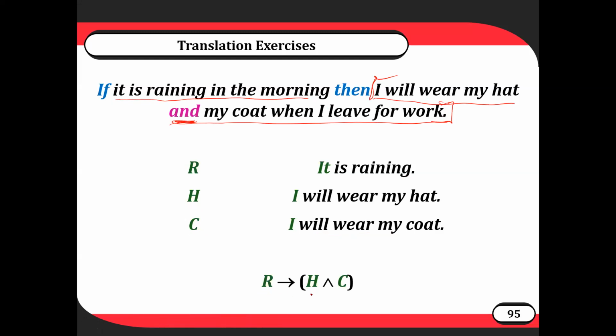So R implies H and C. So if it is raining, then I will wear my hat and I will wear my coat. So that's how we can take an English expression and break it down into a logical expression.